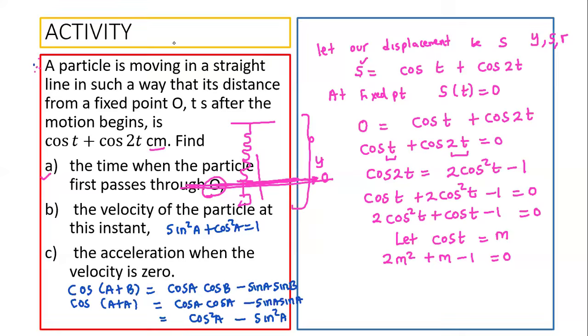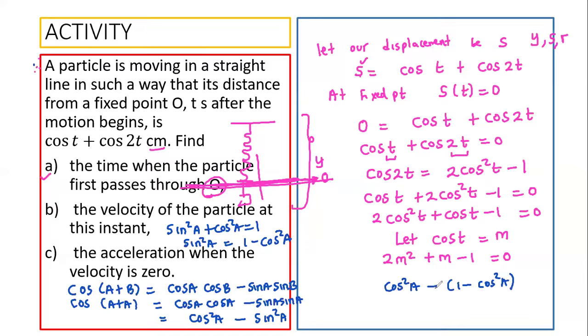Edith, do you remember that when you add sin squared A and cos squared A, you get 1? Now, since we are interested in writing in terms of cos, I can say that sine squared A is equal to 1 minus cos squared of A. Where there is sine squared A, we shall put 1 minus cos squared A. So we end up with cos squared A minus (1 minus cos squared A).